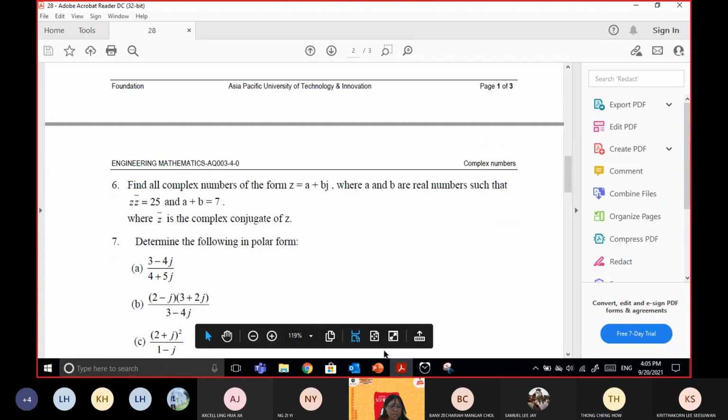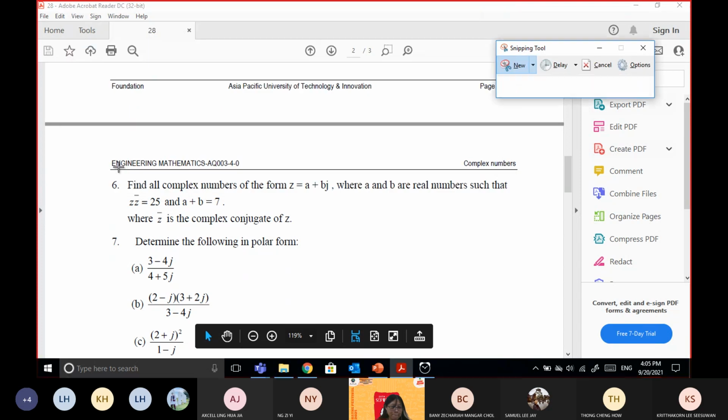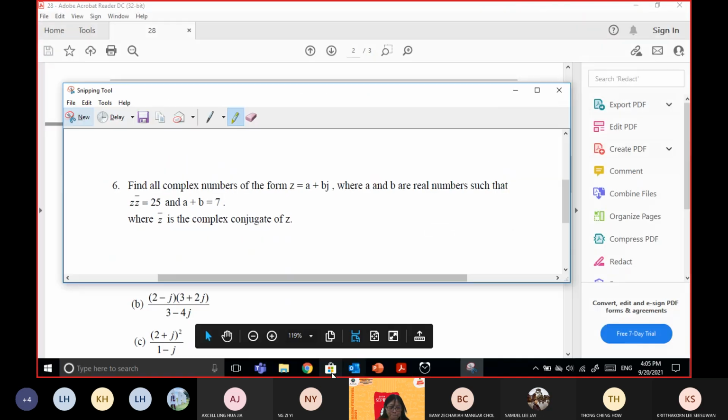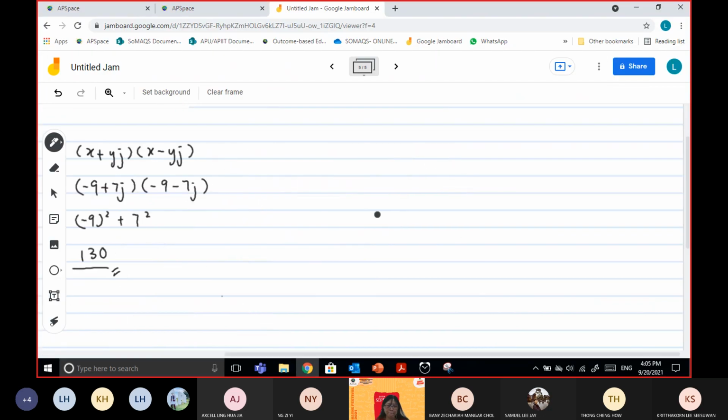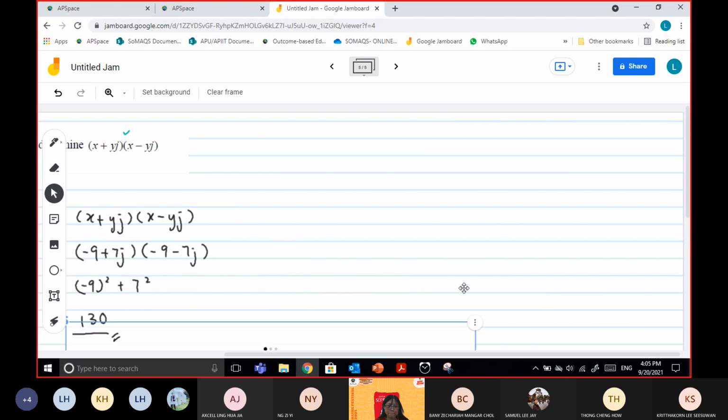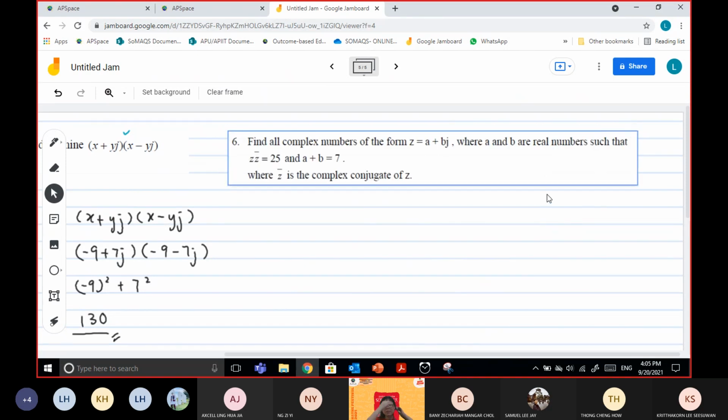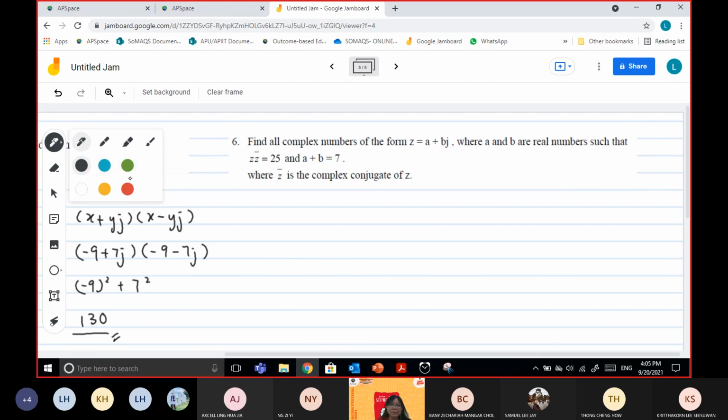Then we have question 6. Find all the complex numbers in Cartesian form, z = a + bj, where a and b are real numbers, such that z multiplied by z bar equals 25.